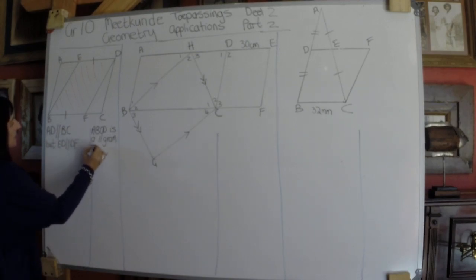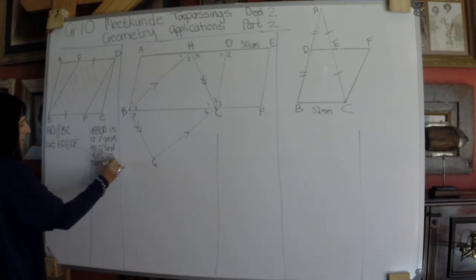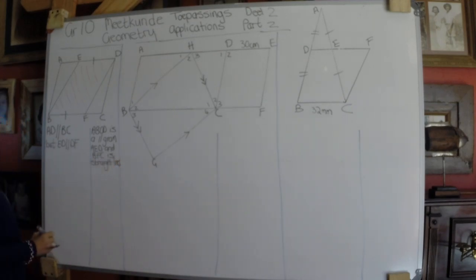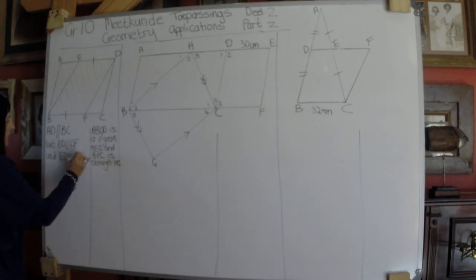Because AED and BFC are straight lines. So ED is parallel to BF and ED equals BF. That's being given.